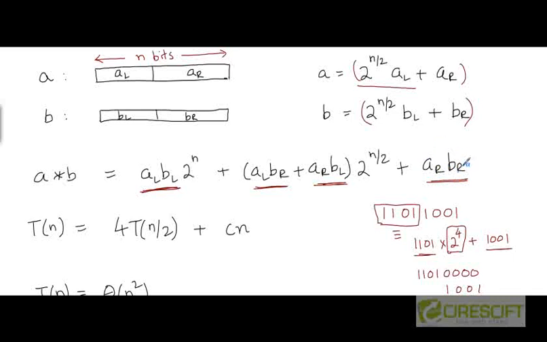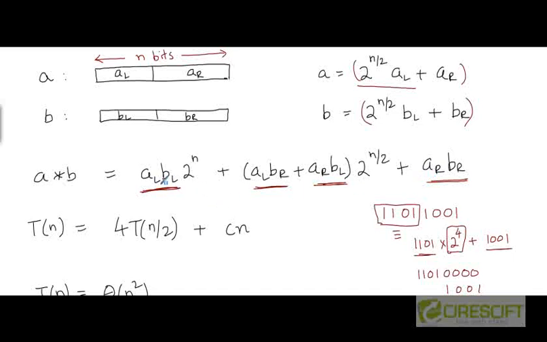And likewise, computing this would take time t of n by 2, and then adding these three resulting numbers would also take time proportional to n, because these numbers themselves are of length proportional to n. So adding three numbers, each of which has a length proportional to n, would take time proportional to n.